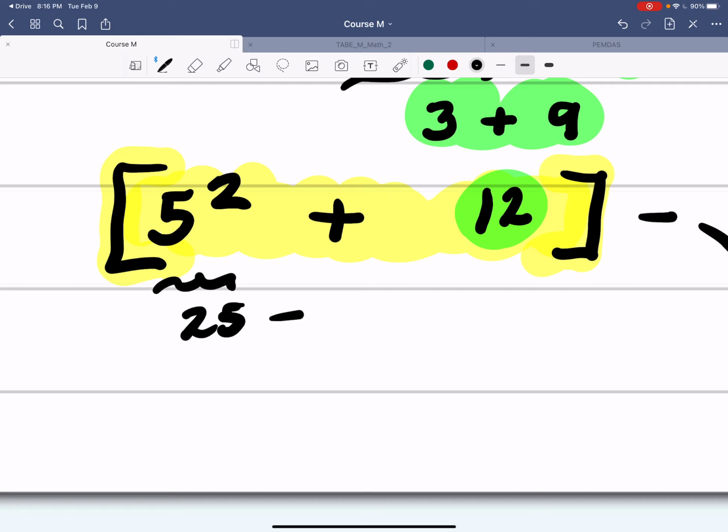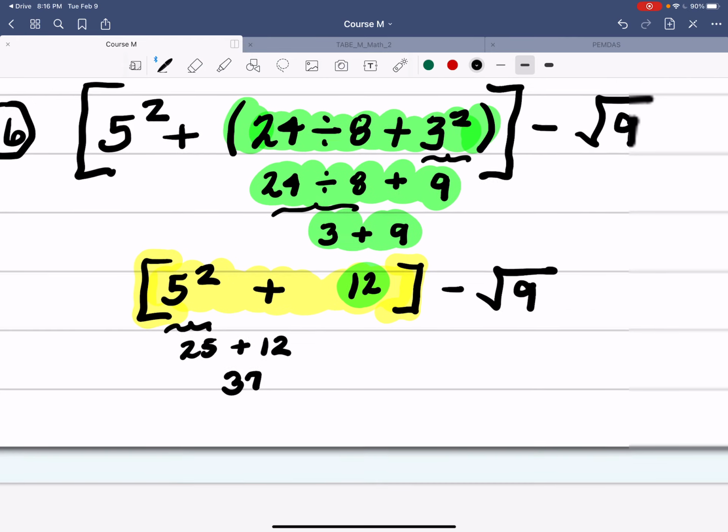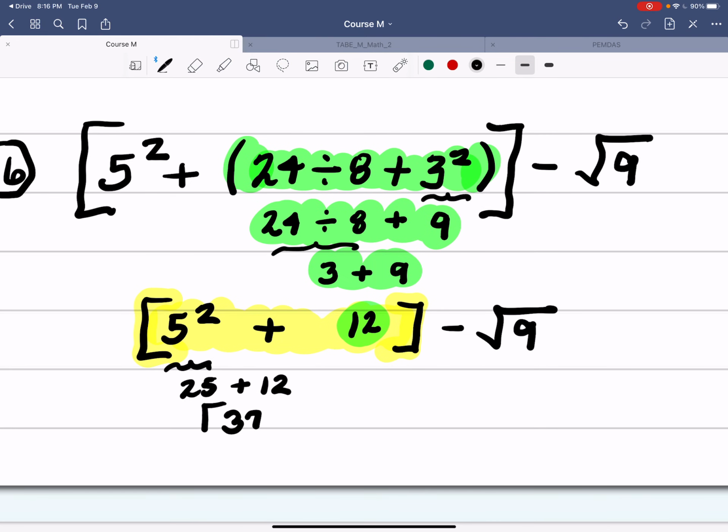And 12, that makes 37. That's still in the brackets if you want it to be. You don't have to do it that way. Square root of 9 is 3. And 37 minus 3 is 34.